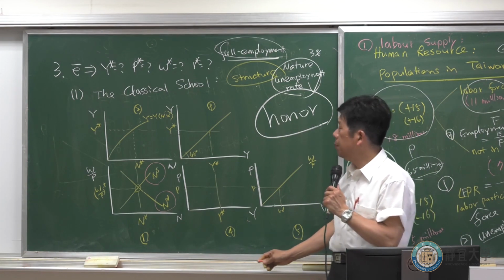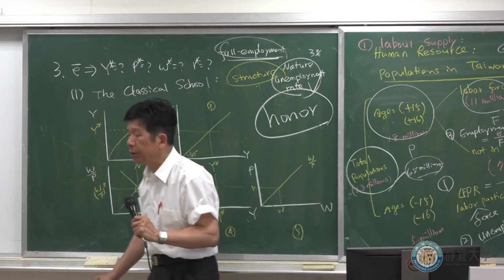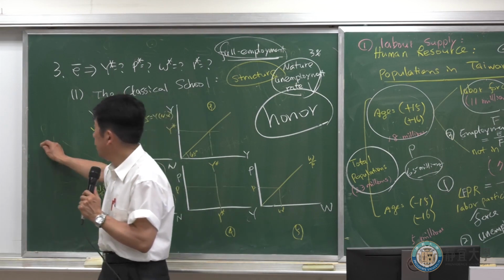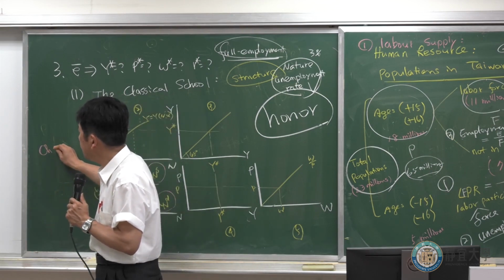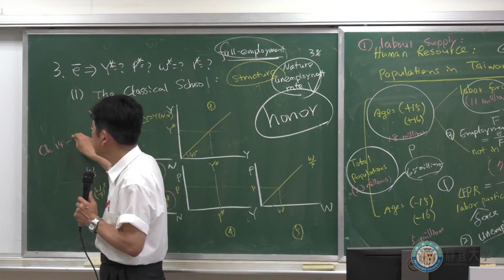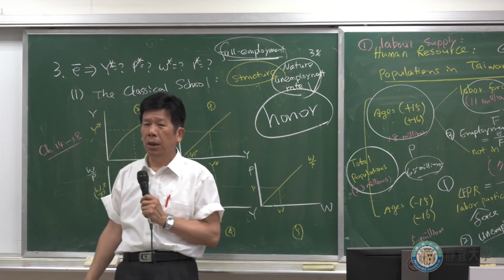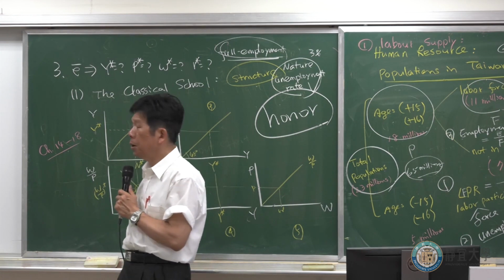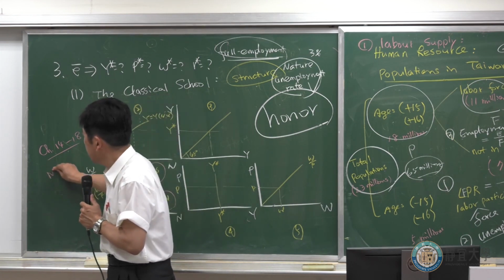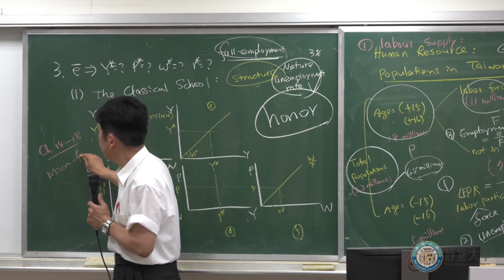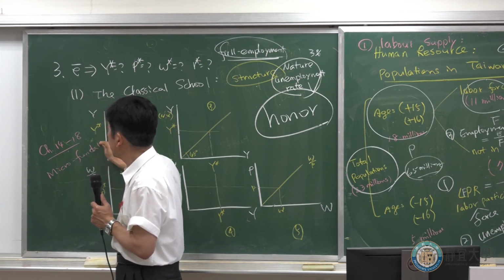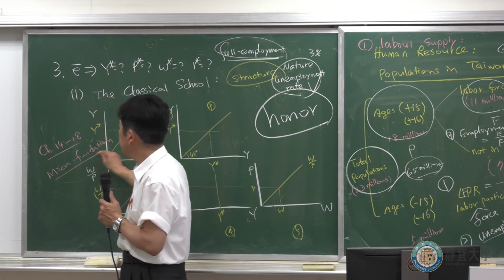So if possible, you can go back and try to see another chapter. Maybe if you find the PPT from chapter 14 to chapter 18, this is what we call the micro foundation. What is micro foundation?